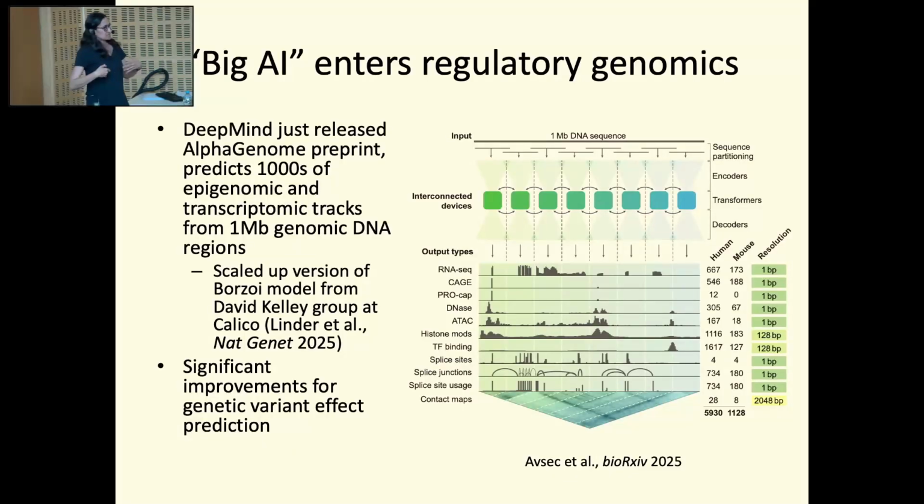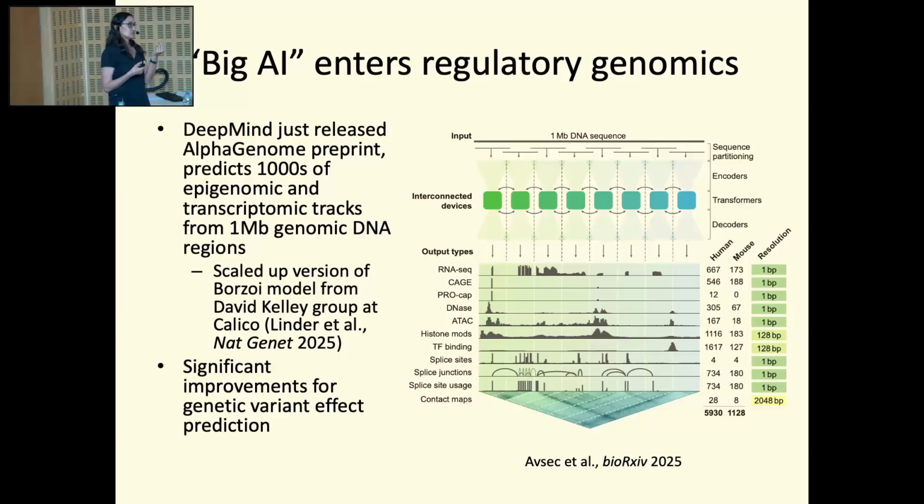Okay, so you have this big model that is producing multitask predictions of tracks, and what they do with it is they use it for variant effect prediction. So instead of the reference allele in the human genome, you put in the alternative and you get a change in prediction, and you interpret that change in prediction as a functional readout: what does this SNP do?